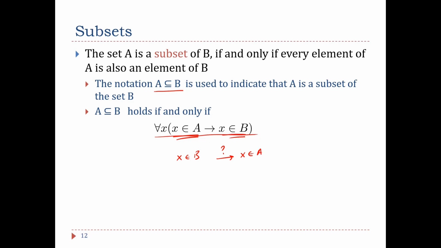Only then can we say something about whether A is a proper subset of B or not, or whether A is equal to B. So the definition of a subset is, as stated here, when every element of A is also an element of B. It's denoted in this way, and it holds if and only if for every element X in the universal set that contains both A and B, if X belongs to A, then necessarily X belongs to B.